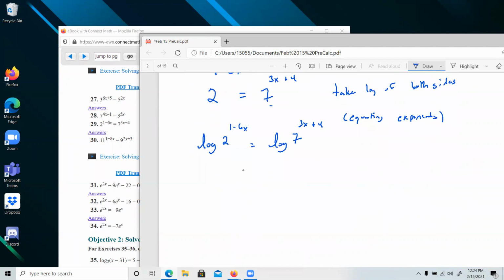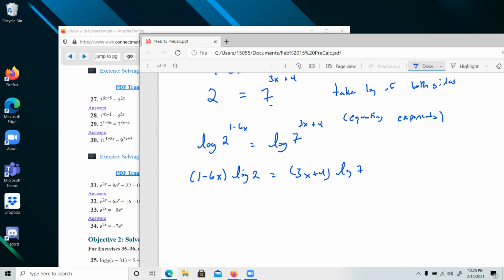Now we're going to use rule 3 to bring them down because I have to solve. If x is in the exponent position, how do you bring it down? The answer is we have to use logarithms. So we have 1 minus 6x times log 2 is equal to 3x plus 4 times log 7.